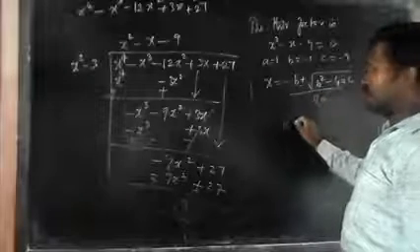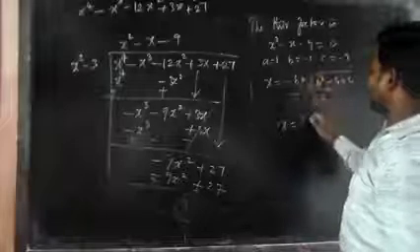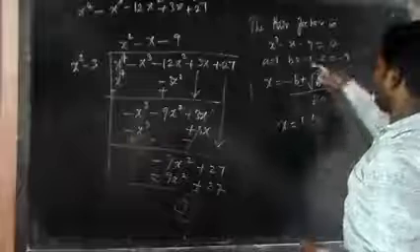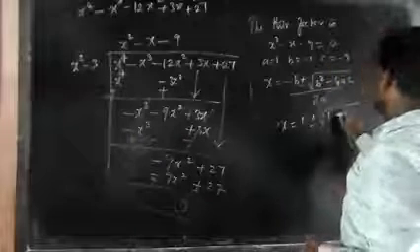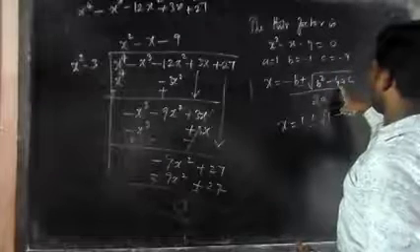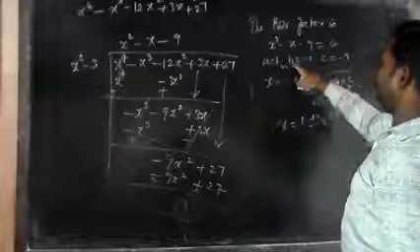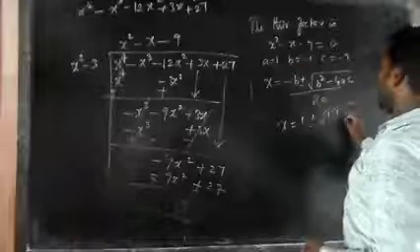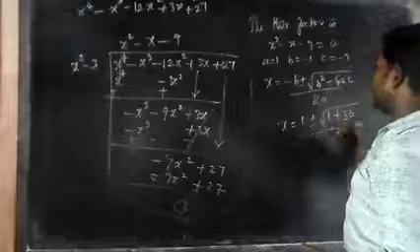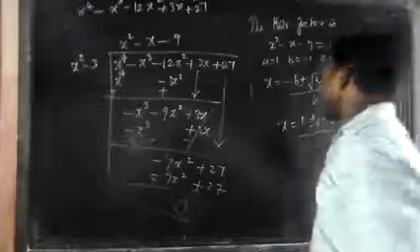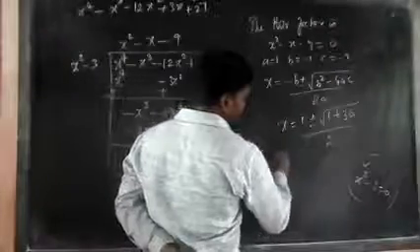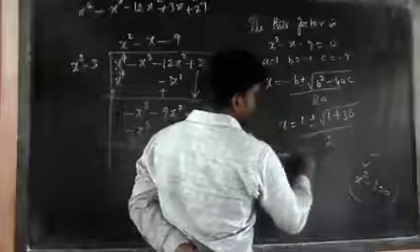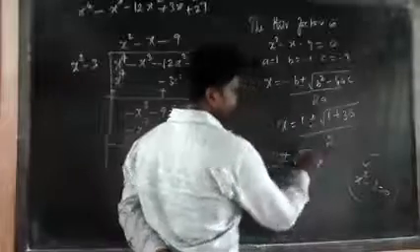Clear? x is equal to minus b, minus of minus 1 is plus 1, plus or minus square root of b square, minus 1 square is 1, minus 4 into a into c. 4 into 4 ones are 4, 9 fours are 36, plus 36, minus of minus is plus, by 2a, by 2. So the answer is x is equal to 1 plus or minus square root of 37 by 2.